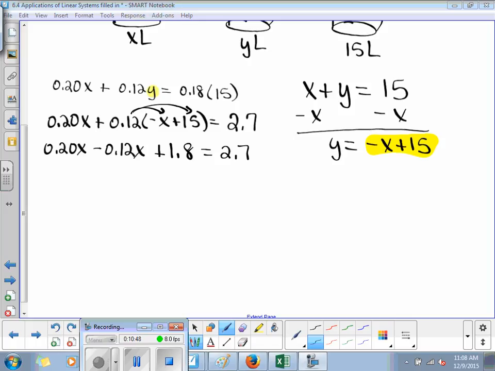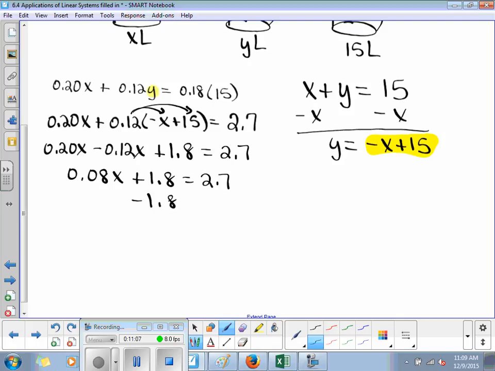So 0.20x minus 0.12x is equal to 0.08x, plus 1.8 is equal to 2.7. So now we're going to subtract 1.8 on both sides, and what do you get? 0.9.